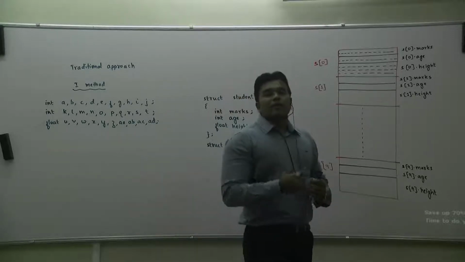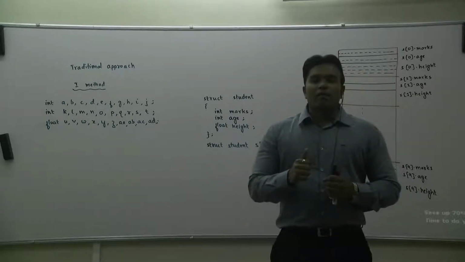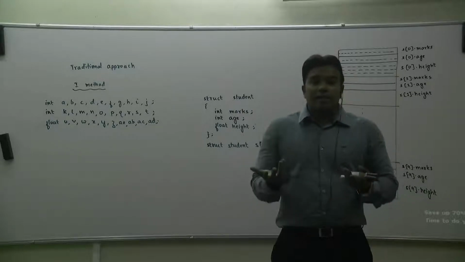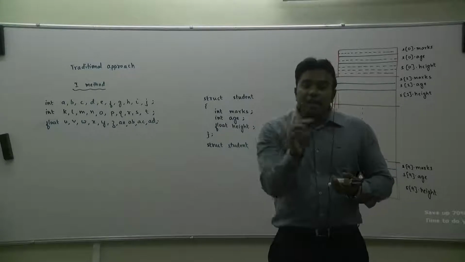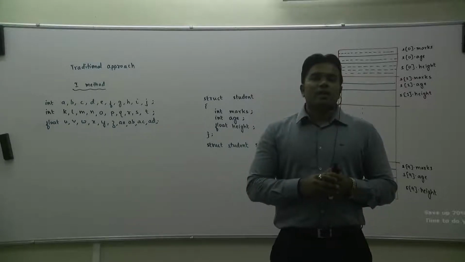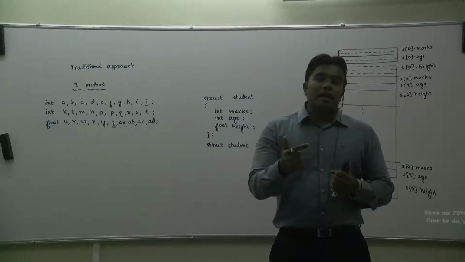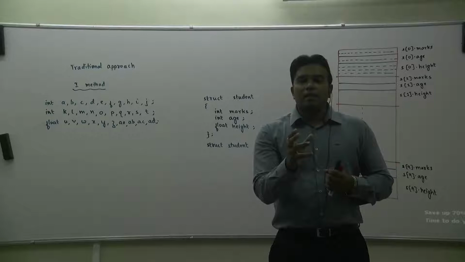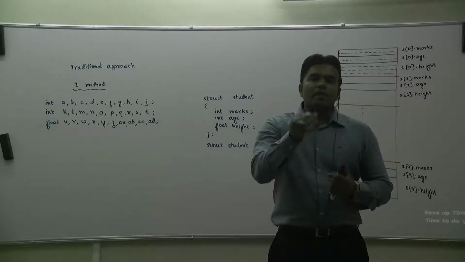This is the benefit. So, when to use structures? When you have a real life entity. Student is a real life entity, but the data of that real life entity is heterogeneous. Sex is character, marks is integer, height is float. If that is the case, create a structure and put all that data inside it.